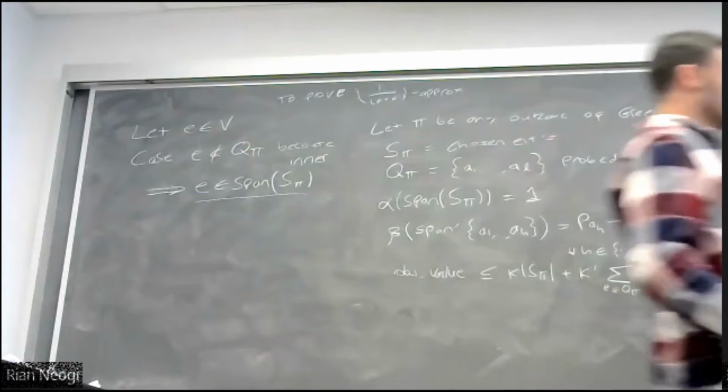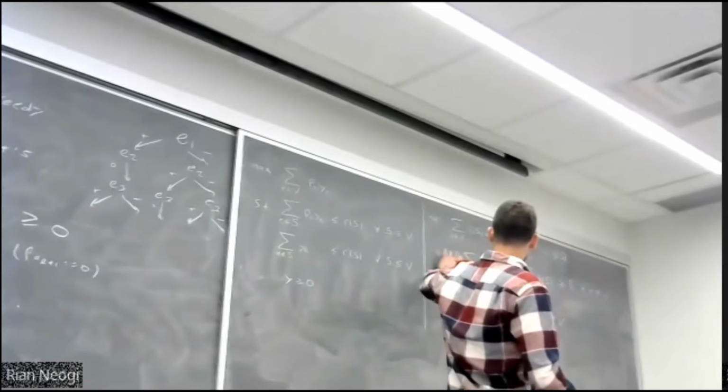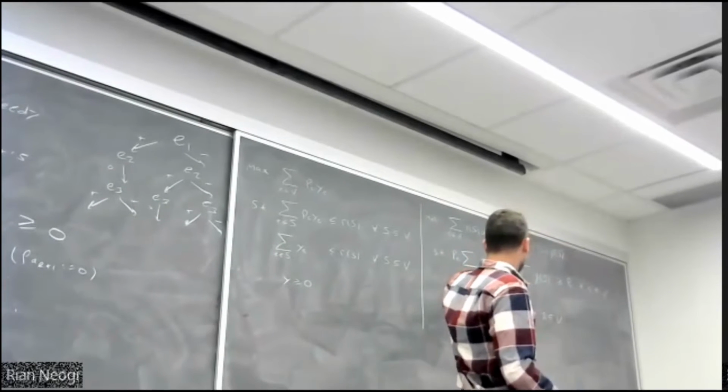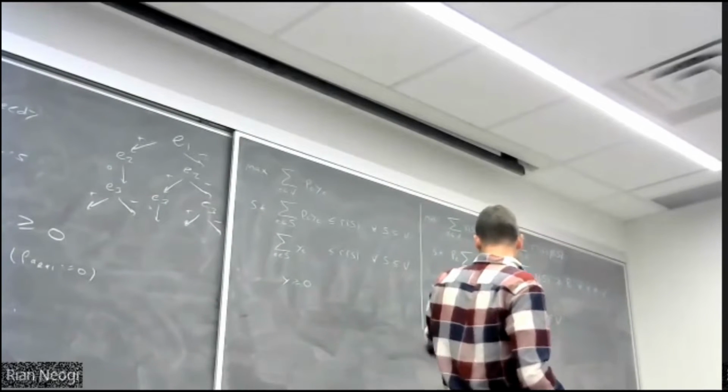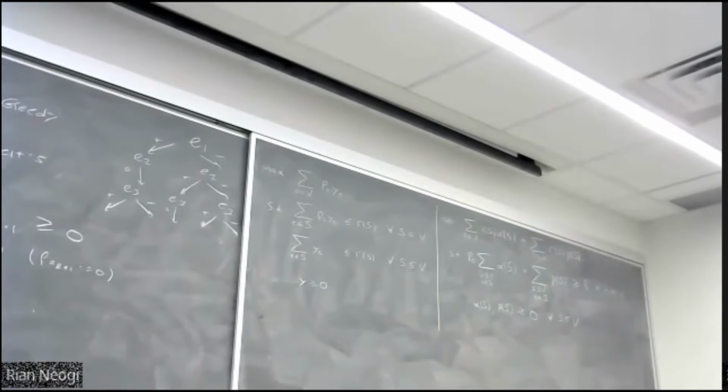But now if we look at the left-hand side here, let's ignore this part because it's not negative. And then we get this part, we have a set that contains E, namely this set, and we set its alpha value to 1.